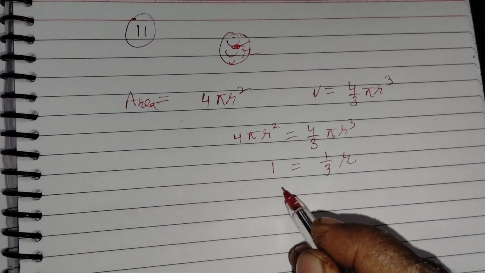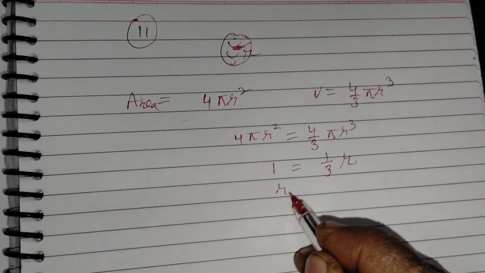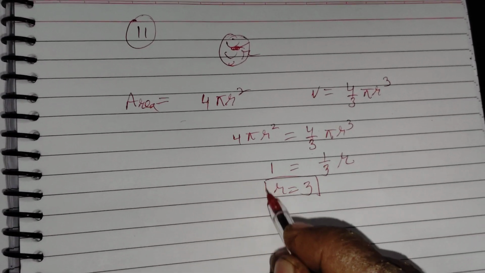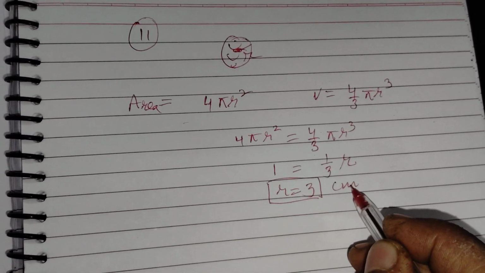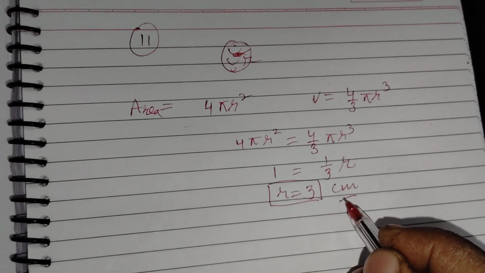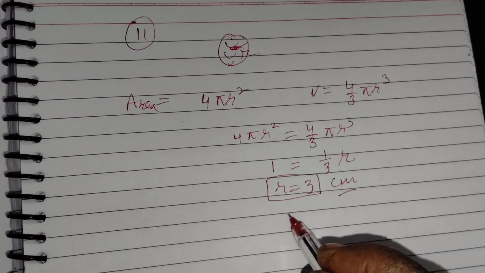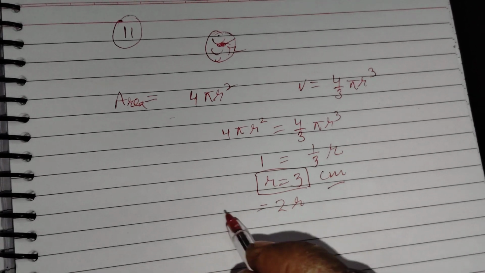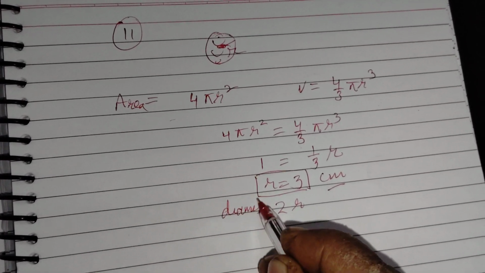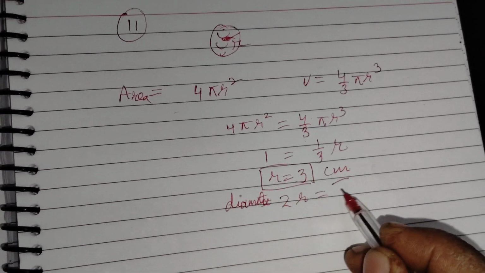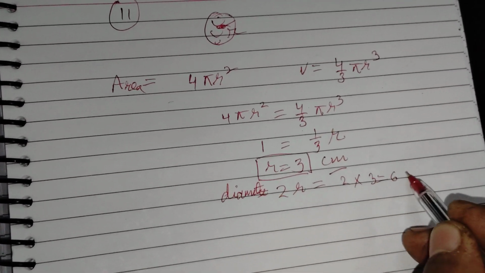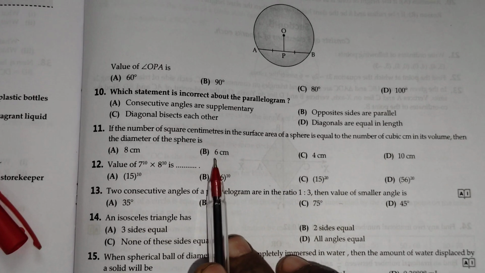So cross multiplying, we get r equal to 3. So 3 centimeters is the radius in this case. The question is asking for the diameter. Diameter is 2r, twice of r. It will be 2 into 3, that gives us 6 centimeters. So 6 centimeters, it means the 11th has B option.